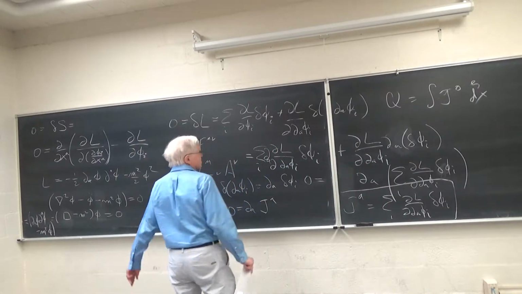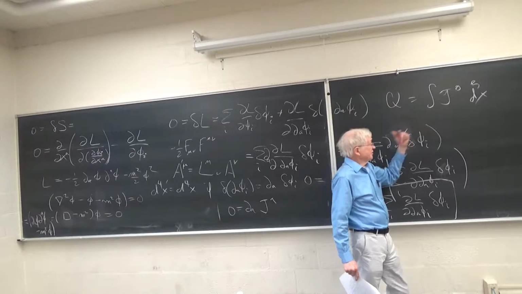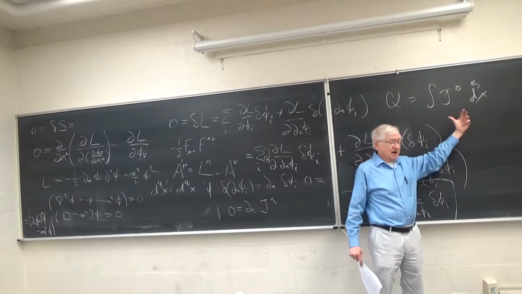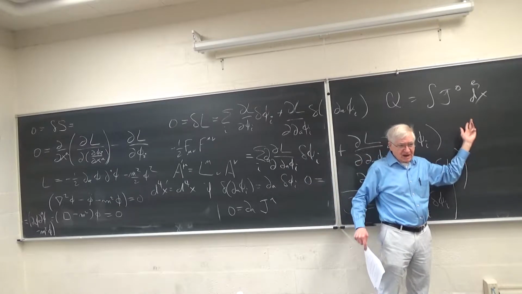Well, the change, let us say that the change in the charge in any volume is due to flux of current coming in through the surface that bounds the region.